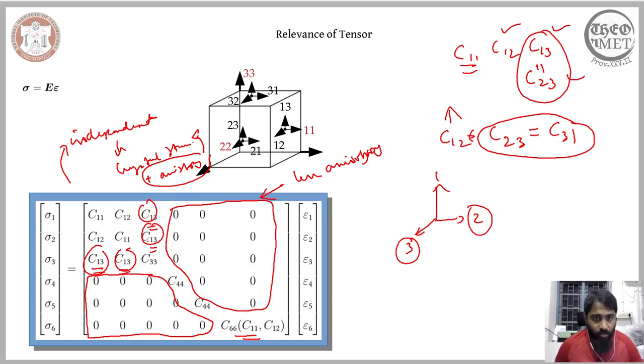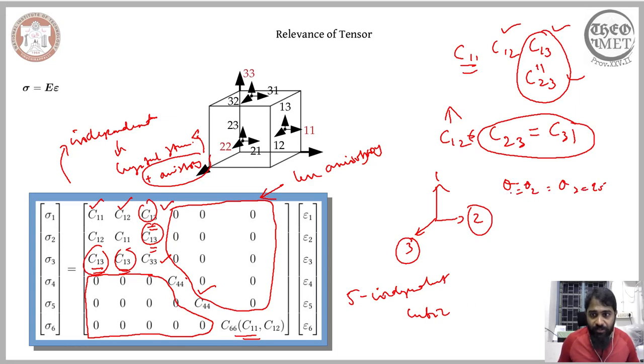Now if I count the number of independent entries here, this will be my 1, this will be my 2, this will be my 3, this will be my 4, and this will be my 5. So ultimately I now have 5 independent entries describing my cubic system, because all my angles are equal to 90 degrees, and I've assumed that my vertical is different from the normal.